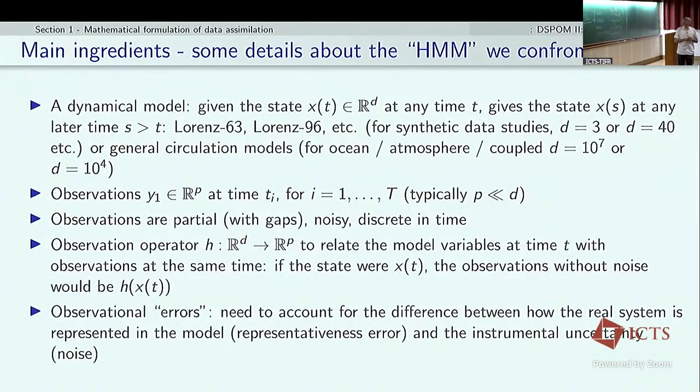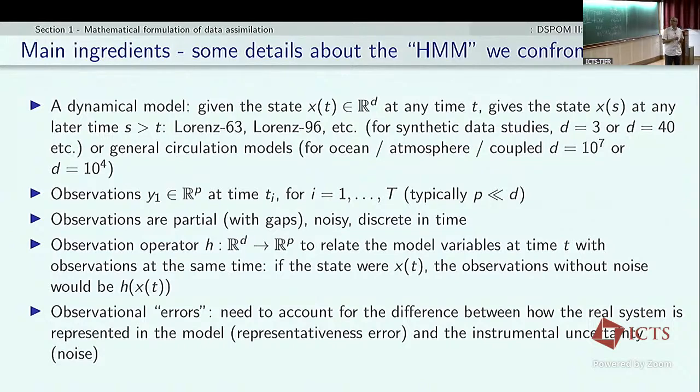The ocean atmospheric models these days that are used are of the order of about 10 million, actually now we have probably 100 million dimensions. So that's D 10 to the 7 or even, if it's a small model, then something like 10,000 or 100,000 and so on. So 10 to the 4 to 10 to the 7 is the range of number of variables that we want to try to estimate.